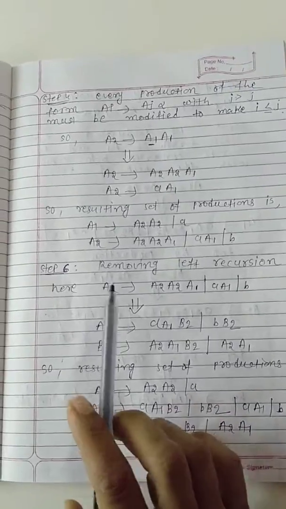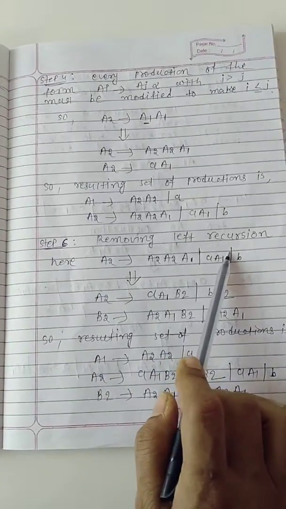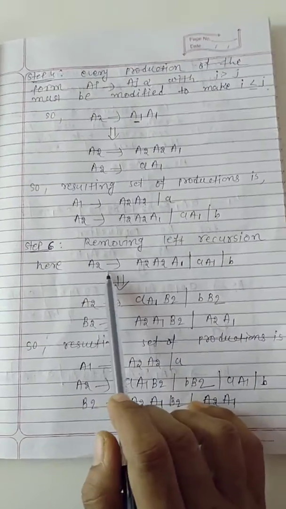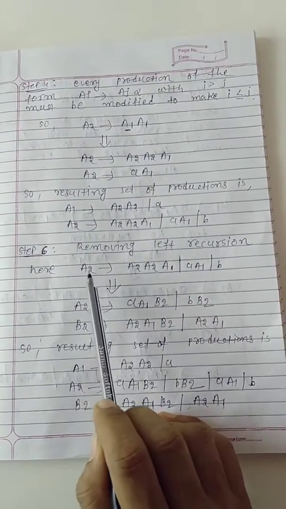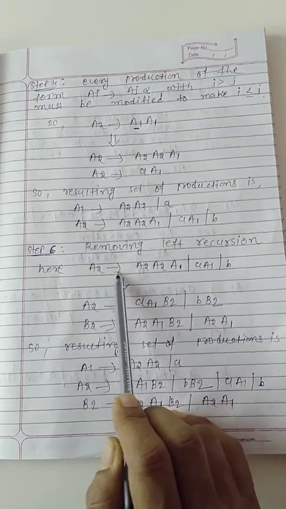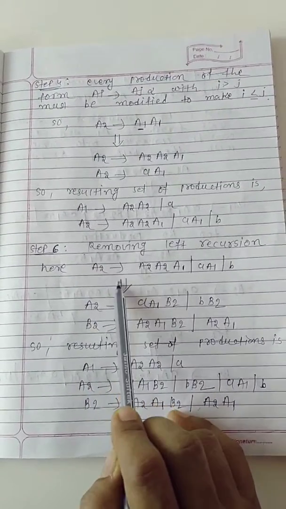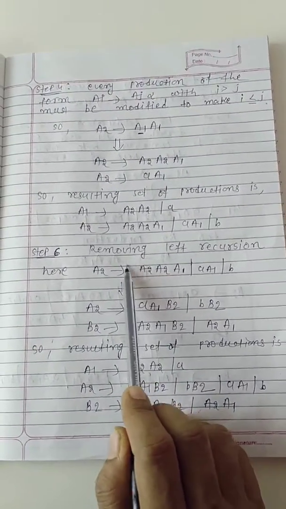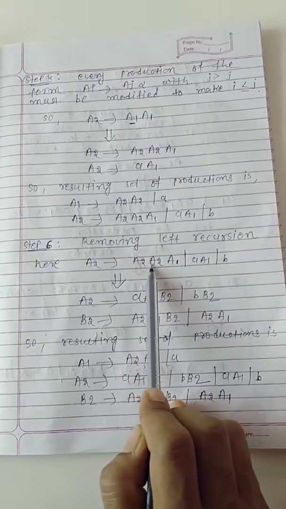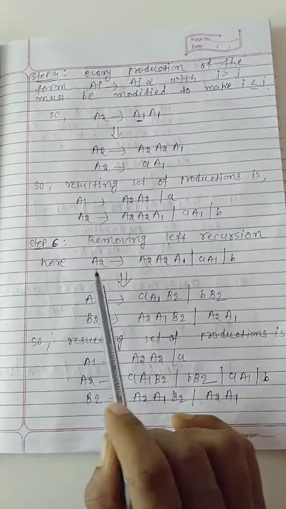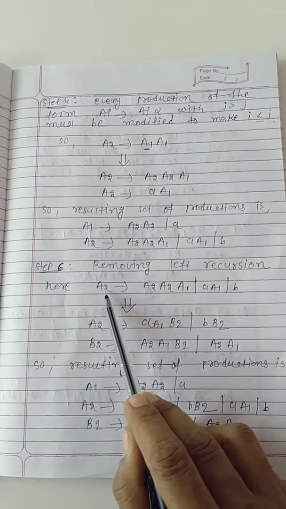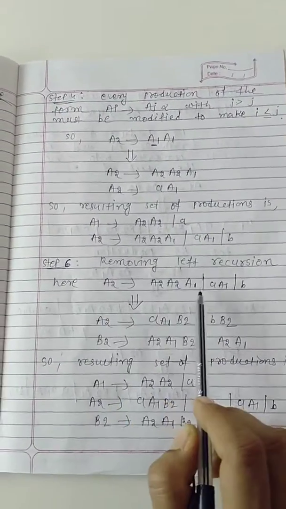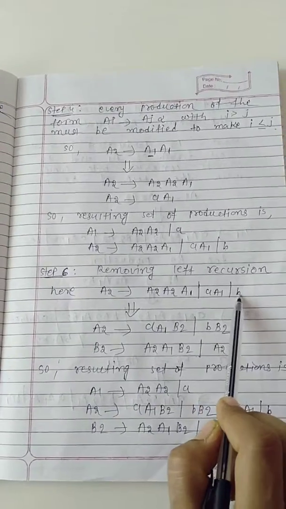Now in step 6, removing the left recursion. Here A2 tends to A2 A1 is the left recursive form, because over here the left hand side variable comes as the first variable at the right hand side, so we have to remove it. So how will we remove it? The value of A2 is this, this, and this also.